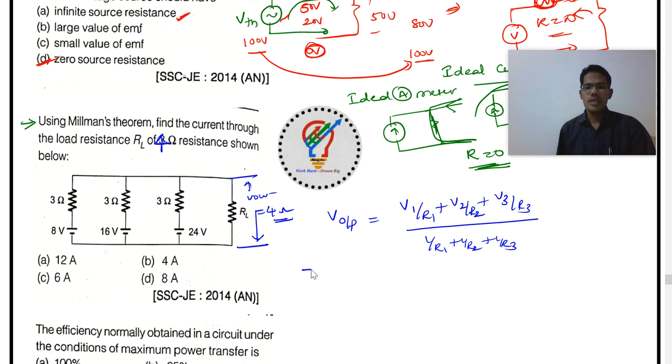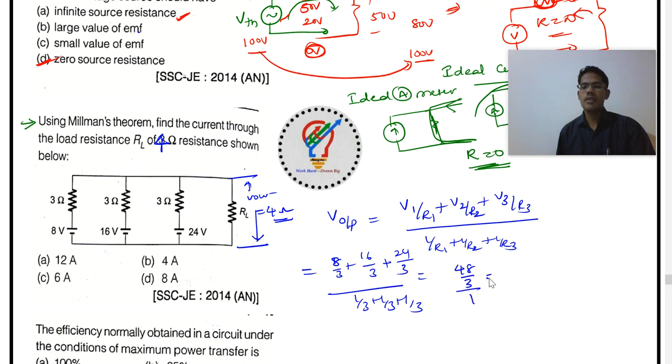Now V output will be 8 by 3 plus 16 by 3 plus 24 by 3 divided by 1 by 3 plus 1 by 3 plus 1 by 3. So it is 48 divided by 3 divided by 1, so it's going to be 16 volts.